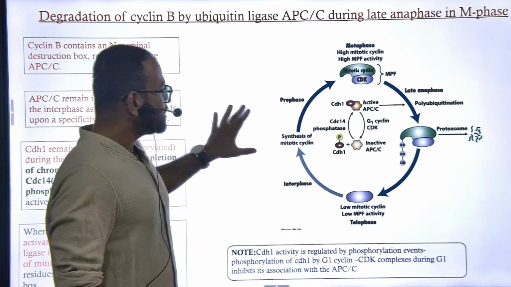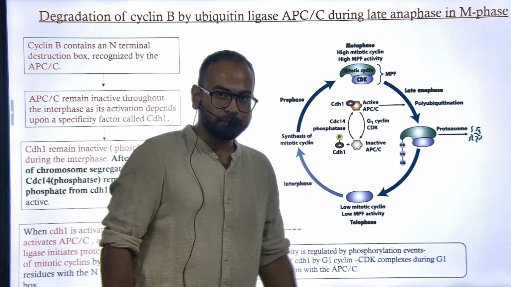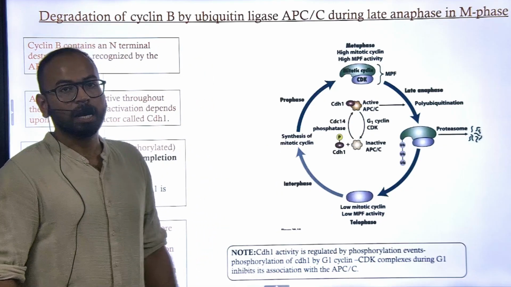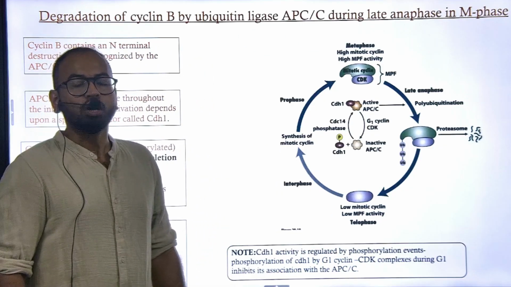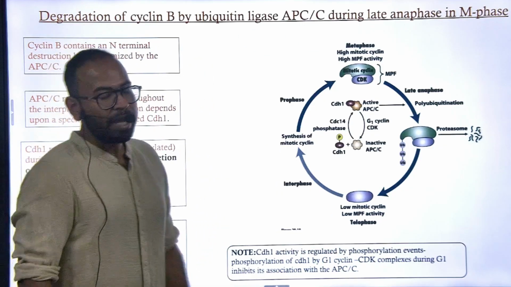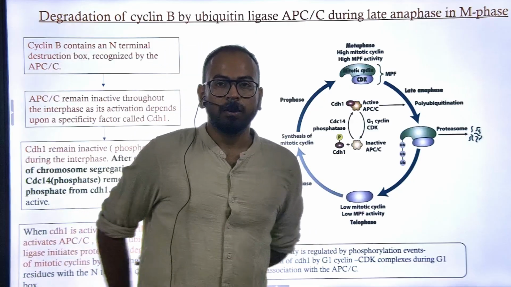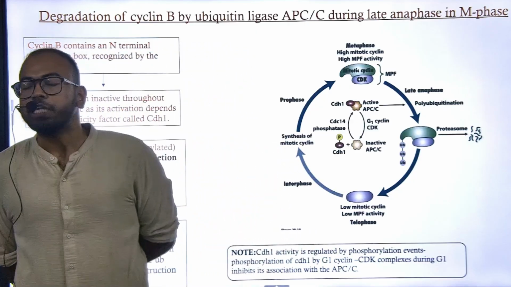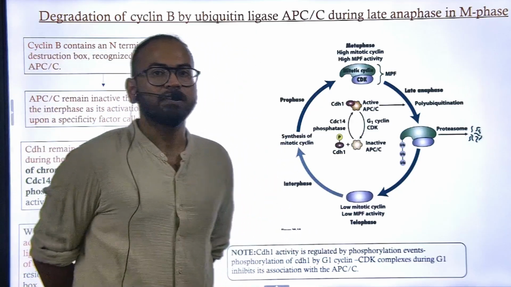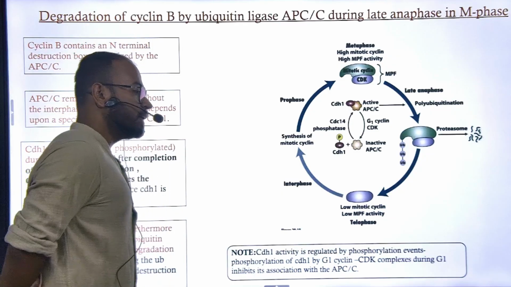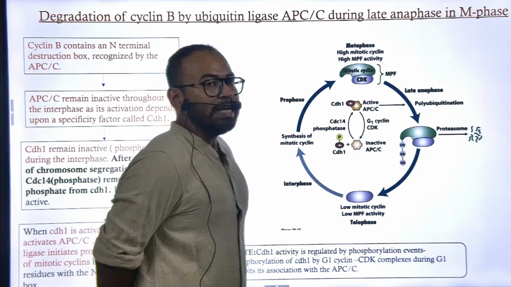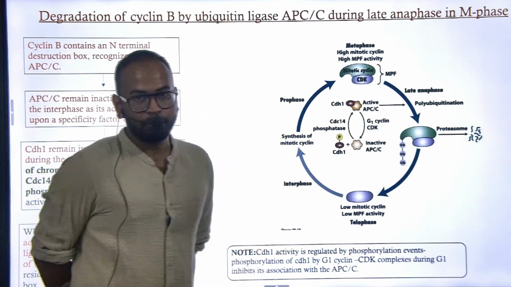Now, our last slide was this, where we discussed the regulation of cyclin B degradation. Cyclin B degradation, as we have discussed previously, is based upon an N-terminal destruction box.